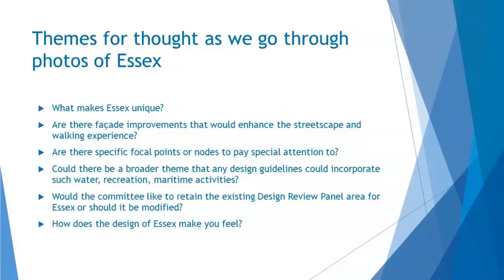Could there be a broader theme that any design guidelines can incorporate, such as water, recreation, or maritime activities? Would the committee like to retain the existing design review panel, or should it be expanded or modified? We can continue thinking about that as we go through this. And overall, how does Essex make you feel? Pretend that you're walking around in it, and this wasn't just a virtual tour.